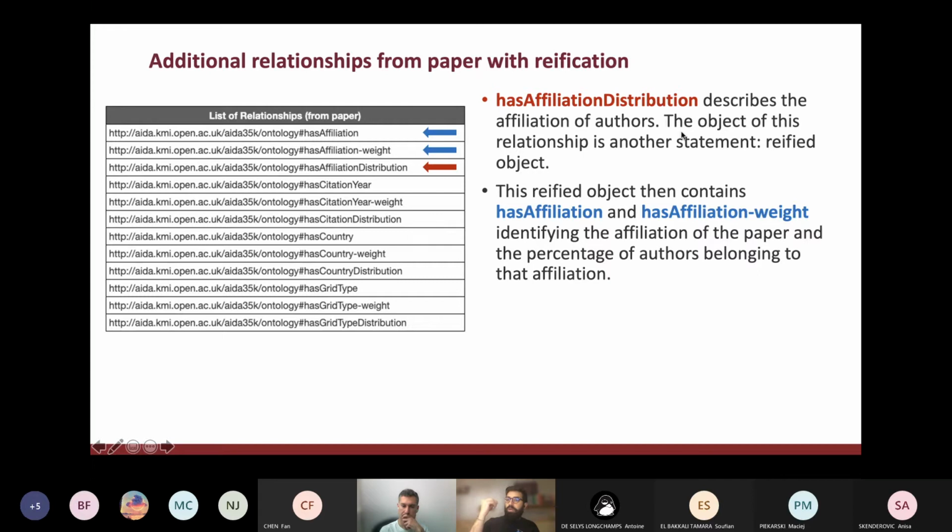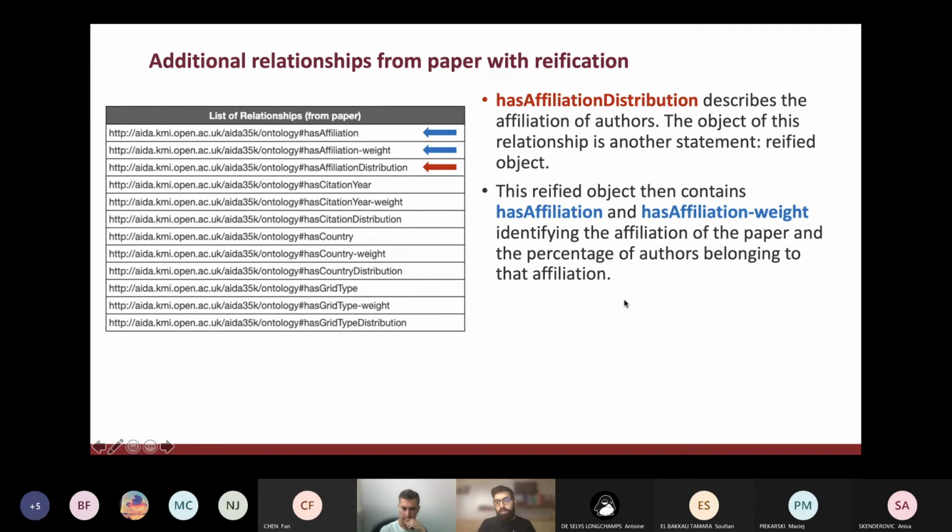And each node of this distribution has got as affiliation and as affiliation weight. So as affiliation describes the affiliation of authors. The object of this relationship is another statement, a reified object. So the as affiliation distribution points to another fact. And this reified object then contains as affiliation and as affiliation weight, which identify the affiliation of the paper and the percentage of authors belonging to that affiliation.